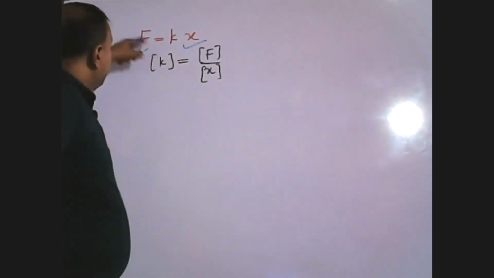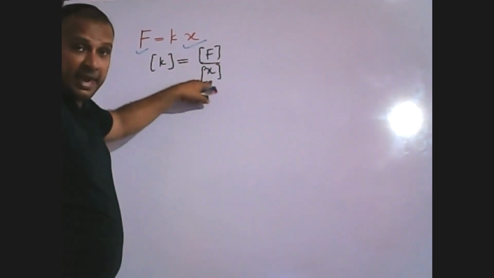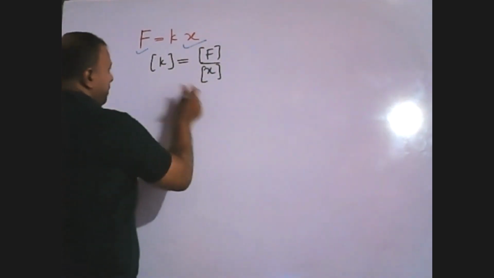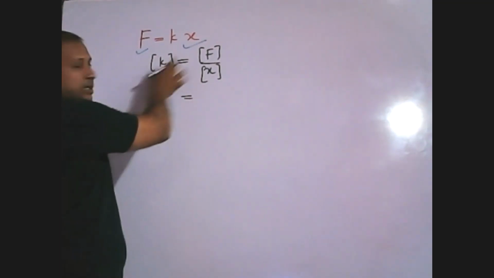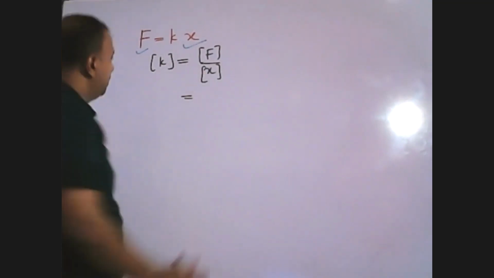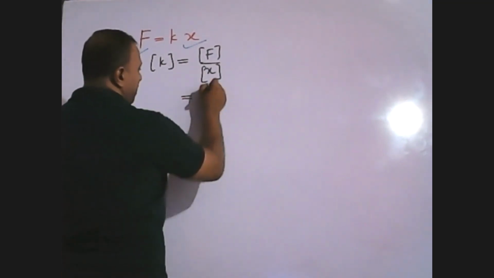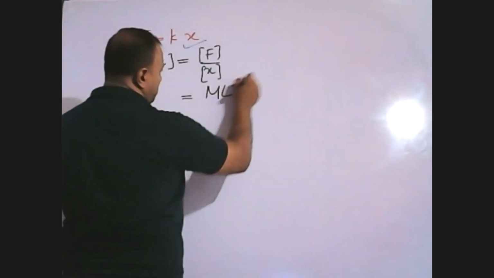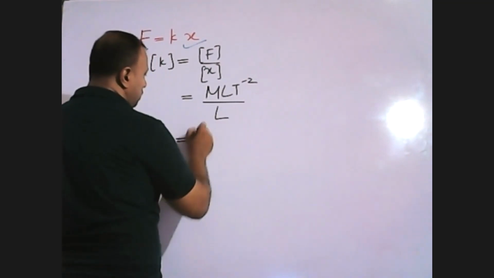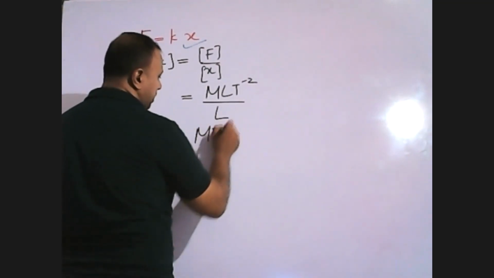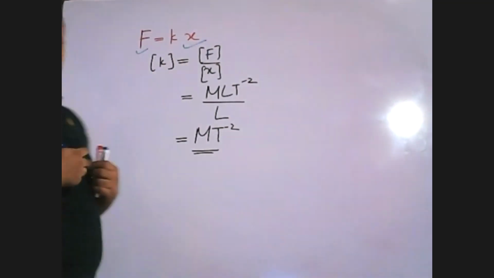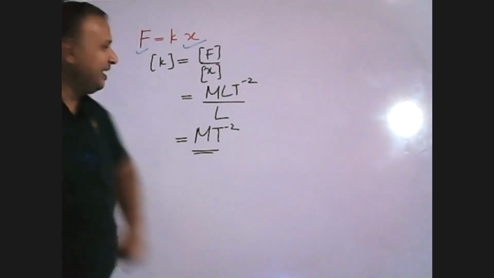So in here, k is equal to F over x, then the dimension of k is equal to the dimension of F over the dimension of x. So the dimension of k is MLT minus 2 over L, so MT minus 2.